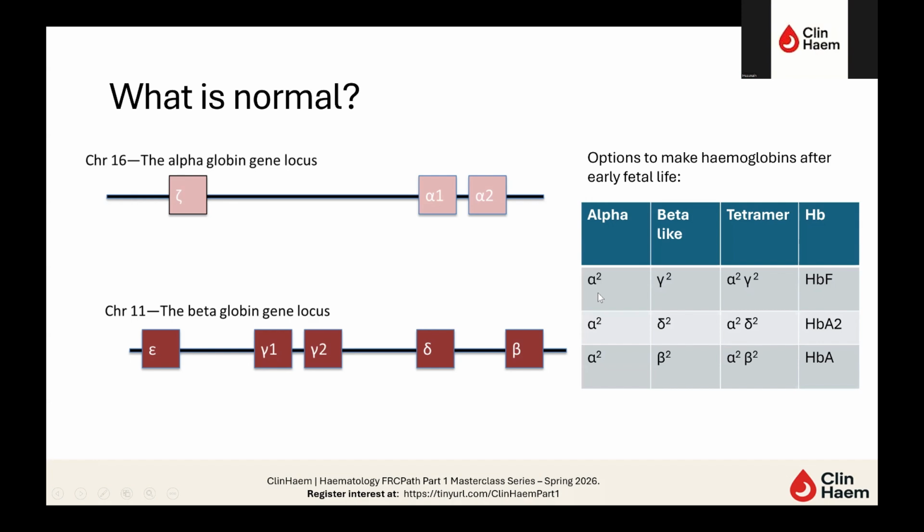So either the alpha can combine with gamma to form alpha 2 gamma 2, which would be HbF, or they've got an option to combine with delta chains, and this will make alpha 2 delta 2, which is HbA2, seen in adults in a very small percentage, mainly important for diagnostic purposes, as we will discuss. Or, as you know, in adults, they have the option of, and they would love to, bind beta chains, and that would be alpha 2 beta 2, and that is the predominant hemoglobin in adults.